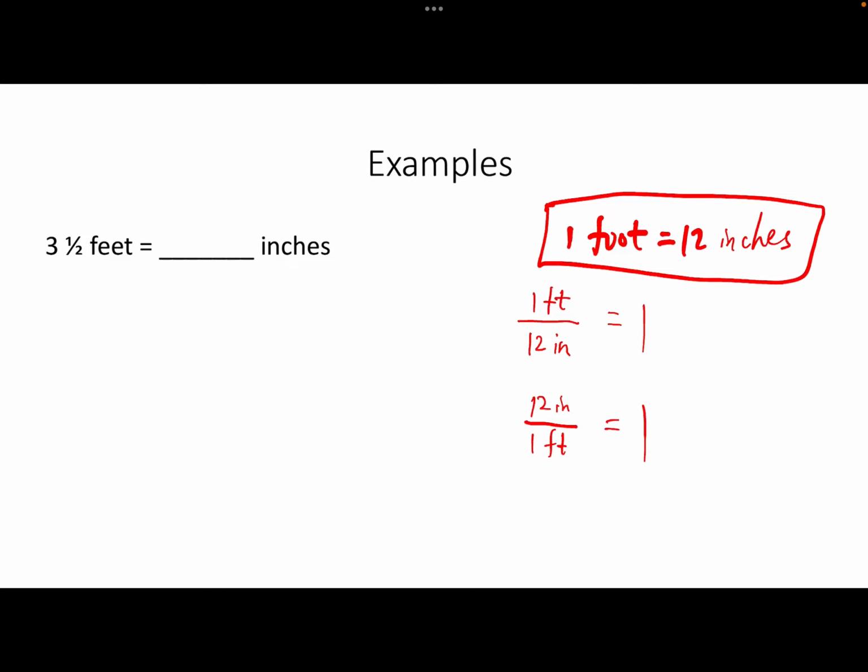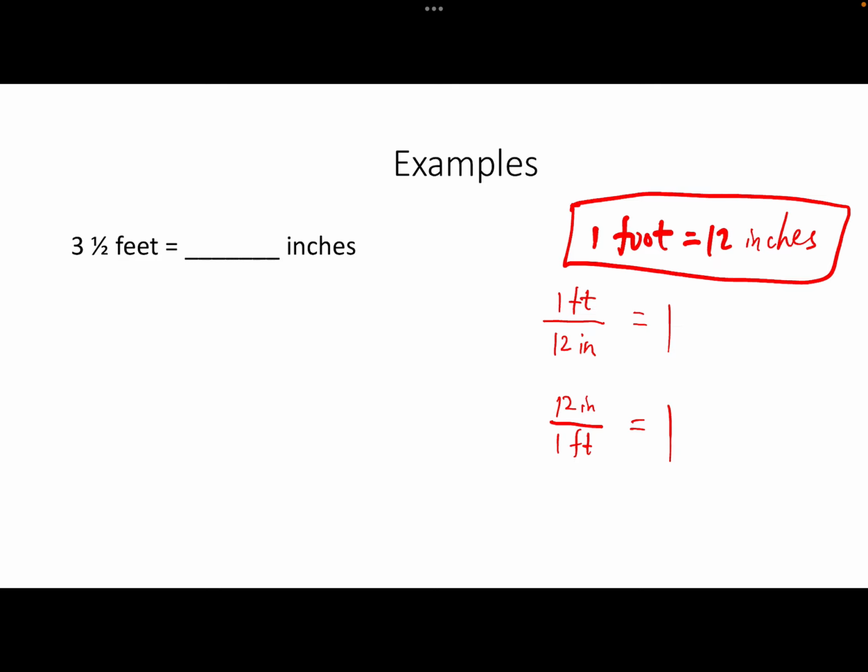This is also 1. So we multiply by the conversion factor, which is times 1, and it doesn't change anything. The value doesn't change. So what is changing? The unit is changing. That's the idea of how we do dimensional analysis or unit conversion.